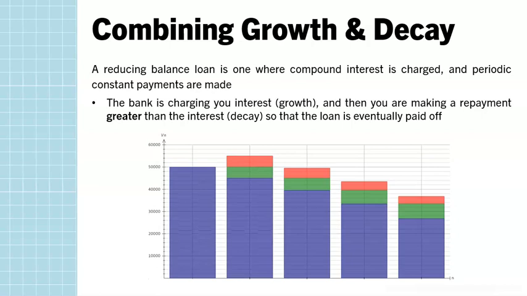The payment is a constant value, but the interest charged by the bank is decreasing each time because it's a percentage of the previous balance, or what was currently owed. And so over time, the balance owed comes down to zero. So we're actually paying off the loan.